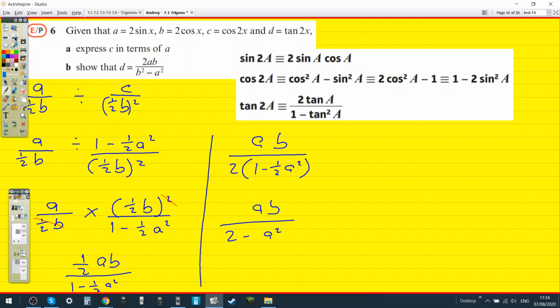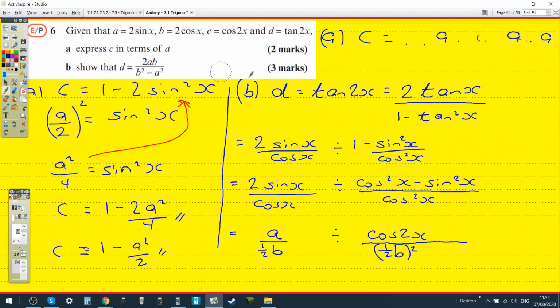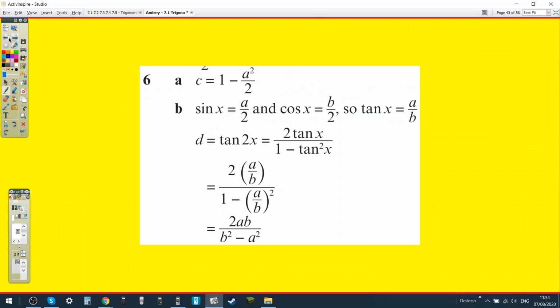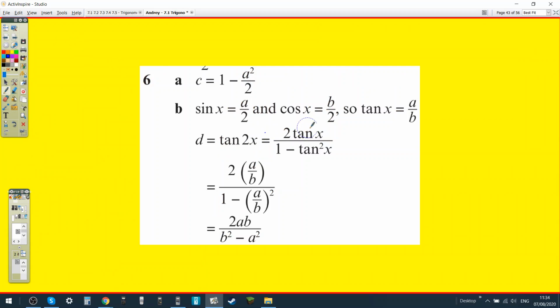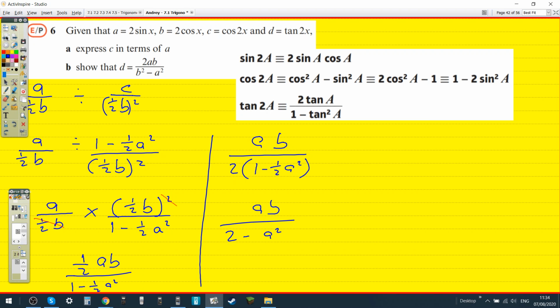Show that D is equal to this. So D is equal to tan 2x. Yeah, hang on. D is equal to tan 2x, which is 2 tan x.